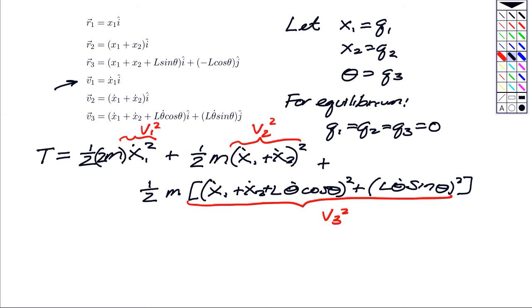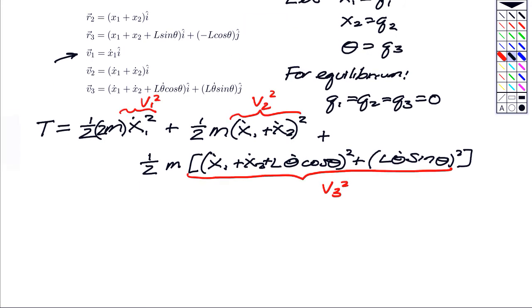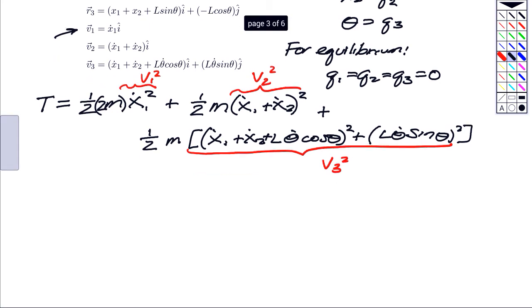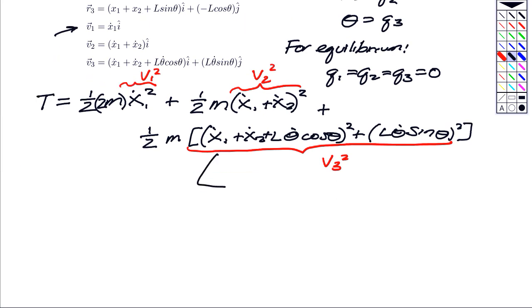What we will do is expand this out. Maybe I'll expand this out by itself. We have 3 terms that get squared. So it's going to be x1 dot squared plus 2 x1 dot x2 dot plus x2 dot squared. So I'm really looking at that term there, squared.